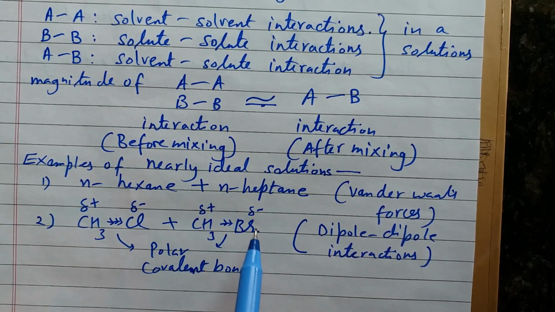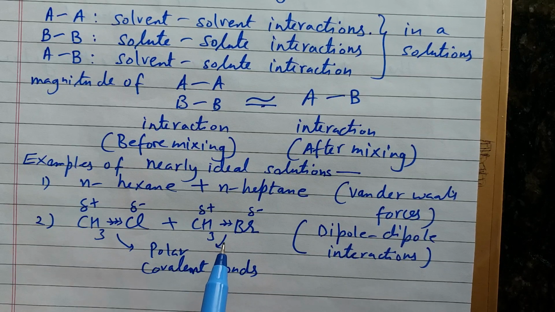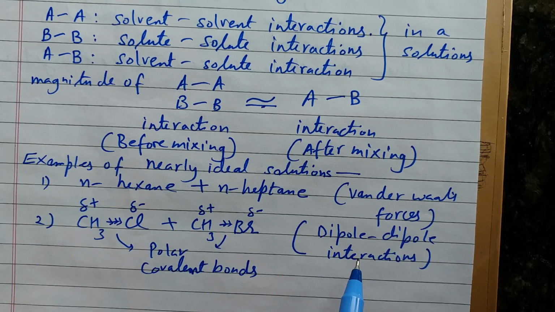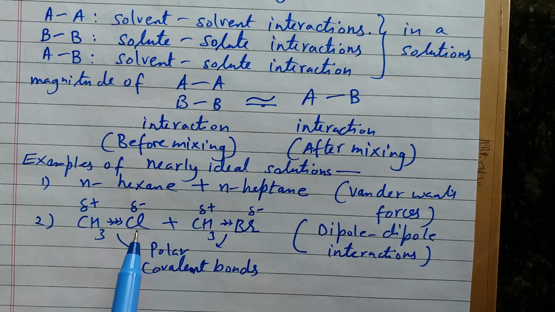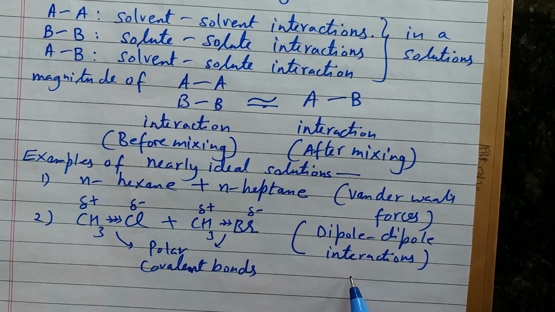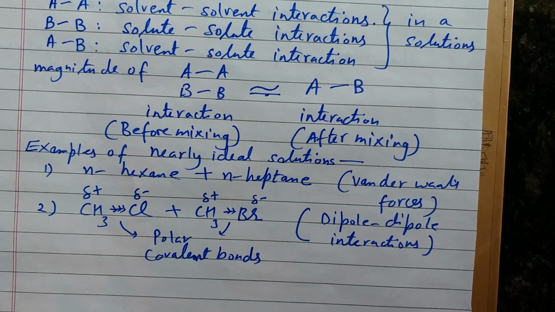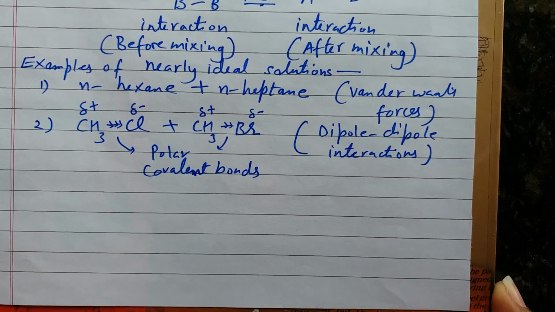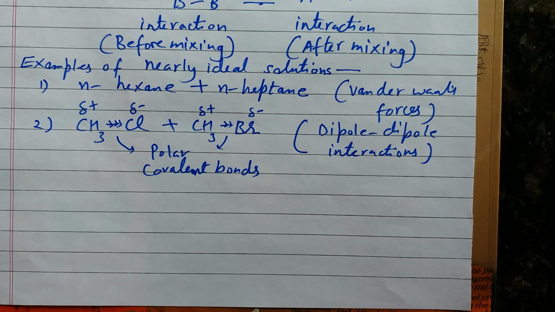Likewise, one molecule of bromomethane with another molecule of bromomethane will also have dipole-dipole interactions. And when you mix the two, chloromethane and bromomethane, even then between these molecules the type of interactions possible would be dipole-dipole only, and therefore again the interactions are remaining the same even on mixing. So the solution behaves ideally.